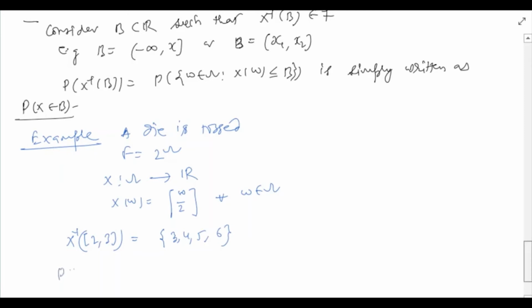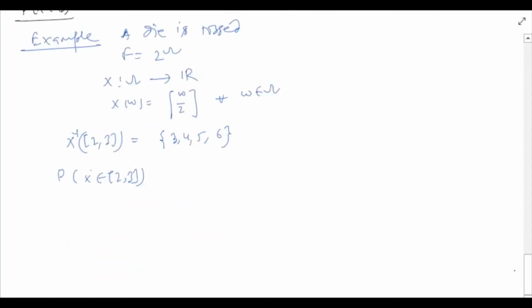So by probability of X in [2, 3], also written as probability of X lying between 2 and 3, what we mean is the probability of this pre-image {3, 4, 5, 6}, and clearly in this example the probability of this set will be 4 by 6.